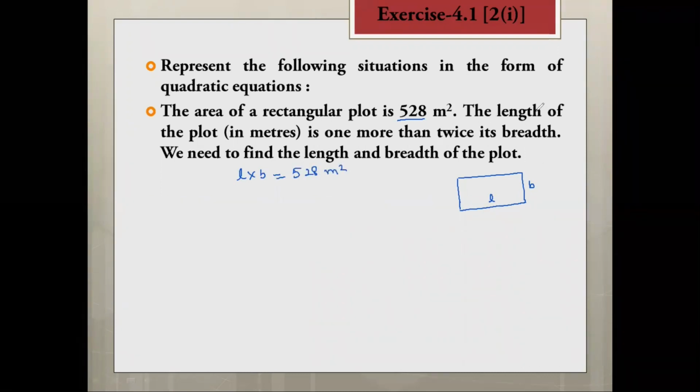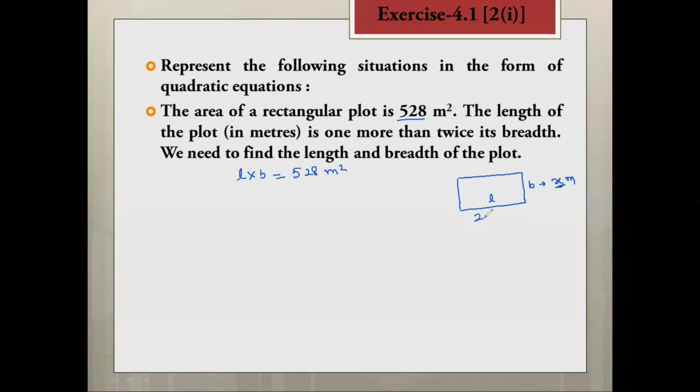अब क्या बोल रहा है कि the length of the plot is 1 more than twice its breadth. Suppose हमारे जो breadth है उसकी वैल्यू क्या है? x meter. So according to the question, the value of length is 1 more than twice its breadth. Means now if x is your breadth value, then what will be the length?